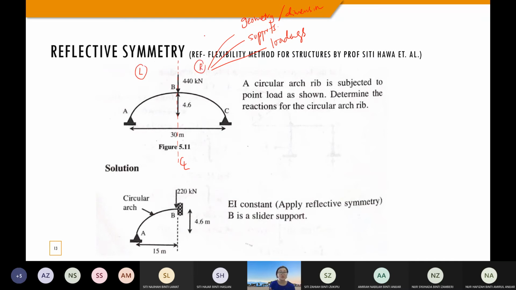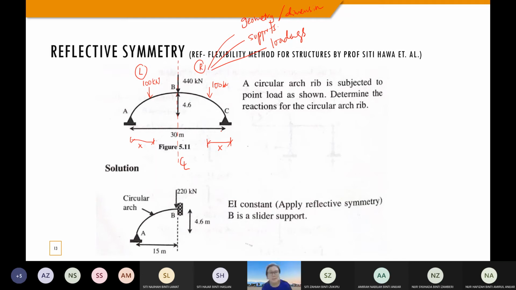You need to make sure it is a mirror in terms of geometry and dimensions. In terms of supports, for example, if A is pin, C must also be pin. It cannot be that A is pin and C is fixed. And in terms of loading, it must be symmetric. For example, if 100 kilonewton acts at a certain point of X, then 100 kilonewton also acts at the mirror side.